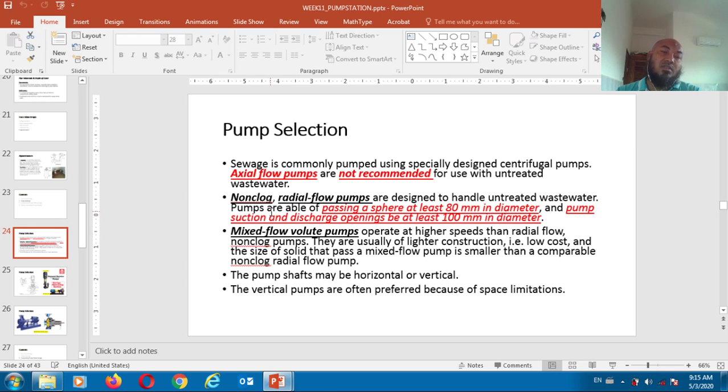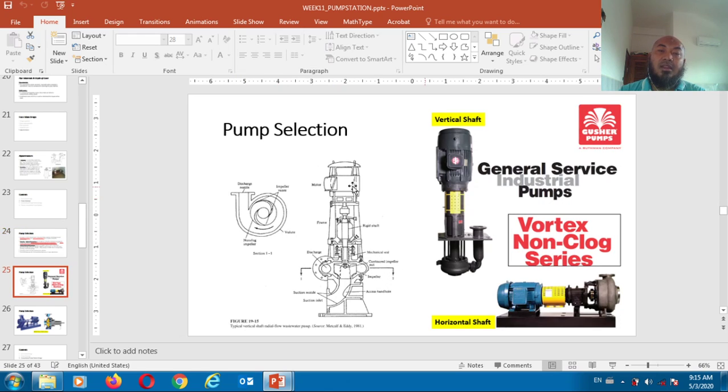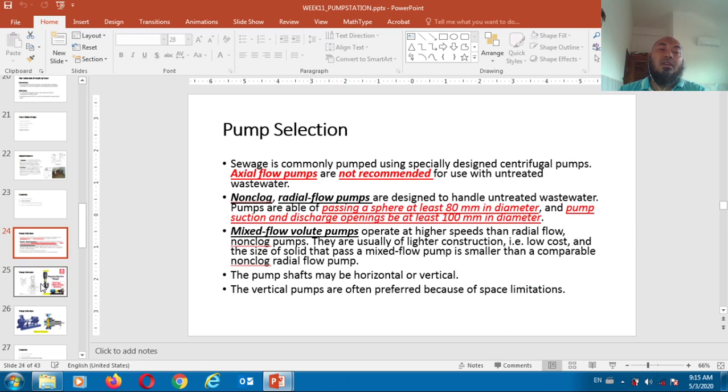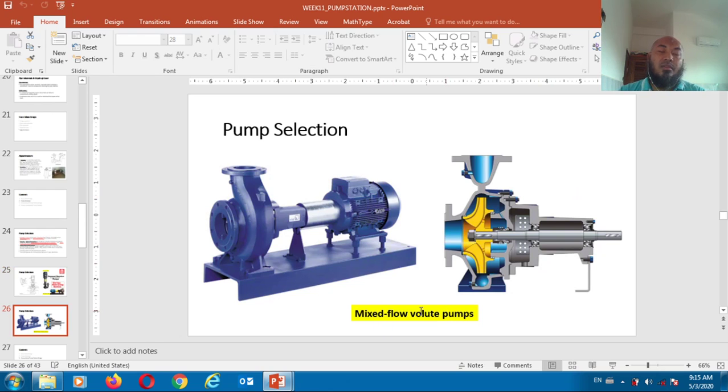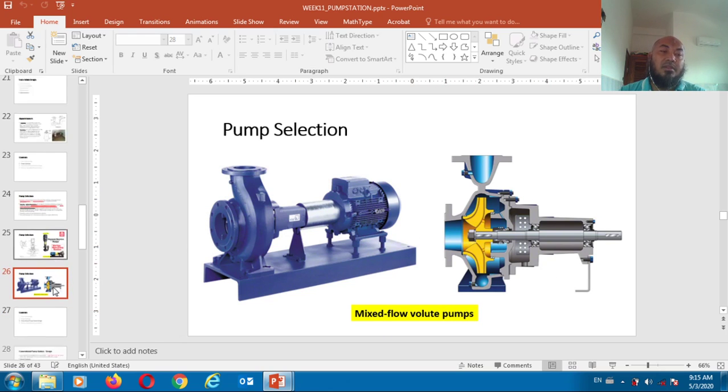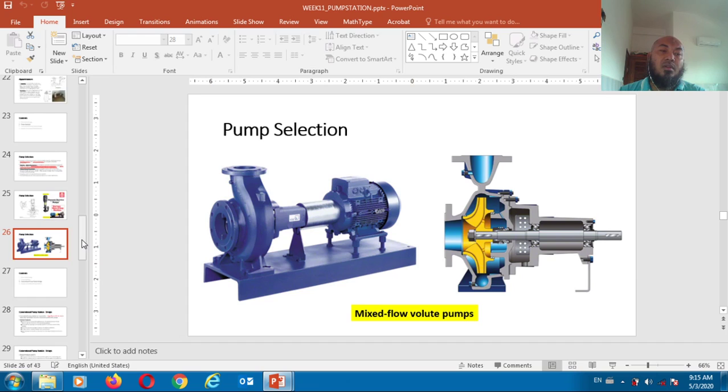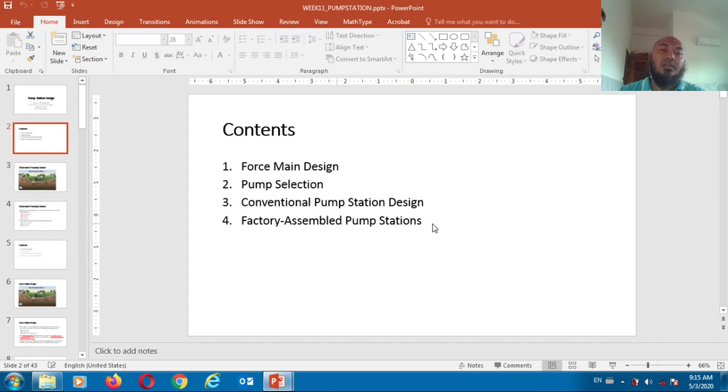Instead, we should use a non-clogging radial flow pump, or we can use a mixed flow volute pump, something like this. This is a Vortec non-clog pump, or a mixed flow volute pump. This is more practical.